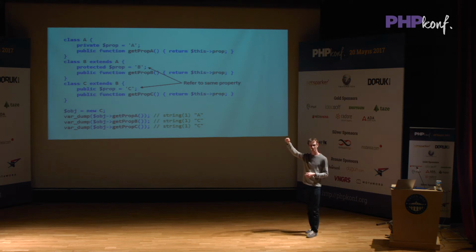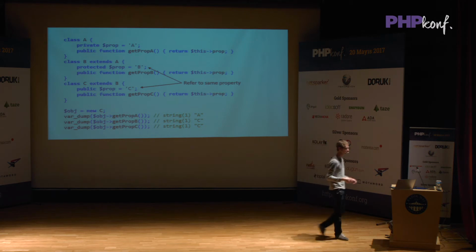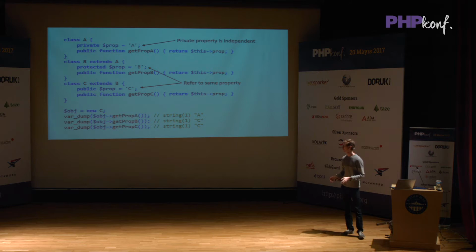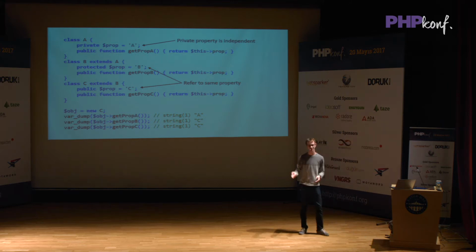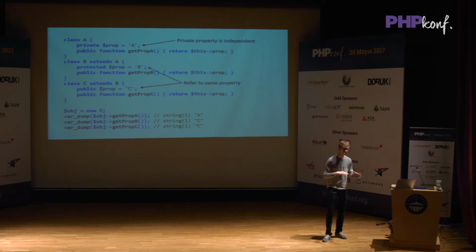So B and C actually refer to the same property. If you have a protected property and then in the inheriting class a public property, that does not create a new property, it simply changes the visibility level. On the other hand, the private property is completely separate. So in the end, on the class C, you have this private property from A, which you can still access, and the public property from C, which you can also access, depending on where you are in the code.